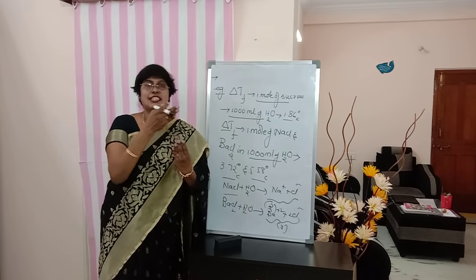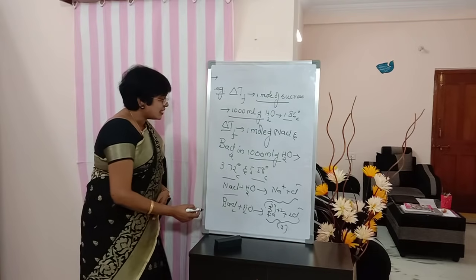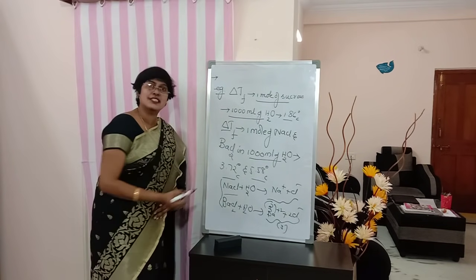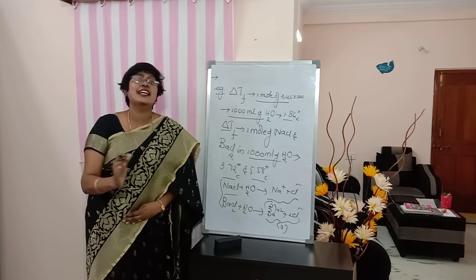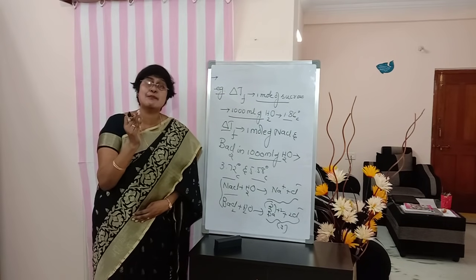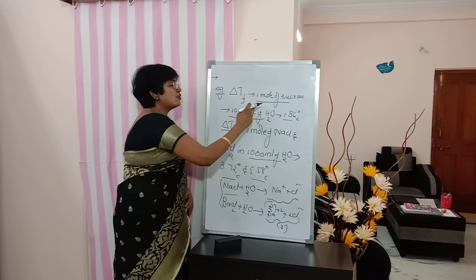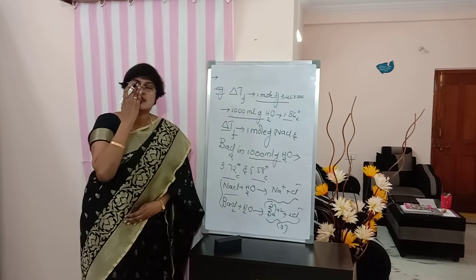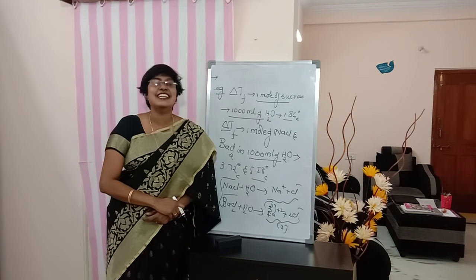So what if it dissociates? What if it doesn't dissociate? We should understand, if the solute dissociates, it is being separated into ions. That means the number of particles is being increased. Sucrose in water doesn't dissociate, so the number of particles does not increase.